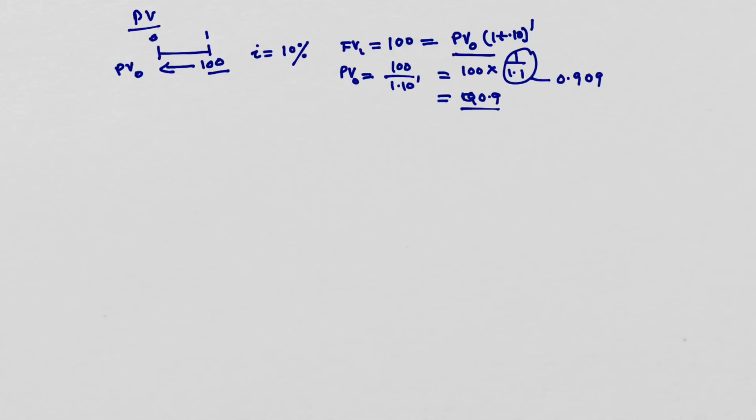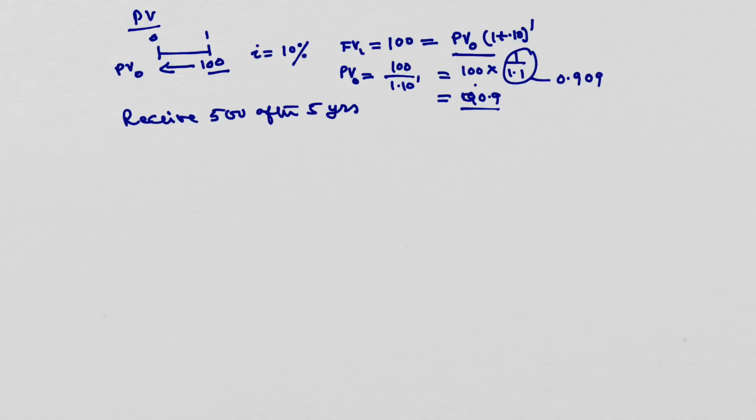In other words, 90.9 at 10% will grow to 100 rupees after 1 year. This is the concept of present value. Let me say that this time I am expected to receive 500 rupees after 5 years.